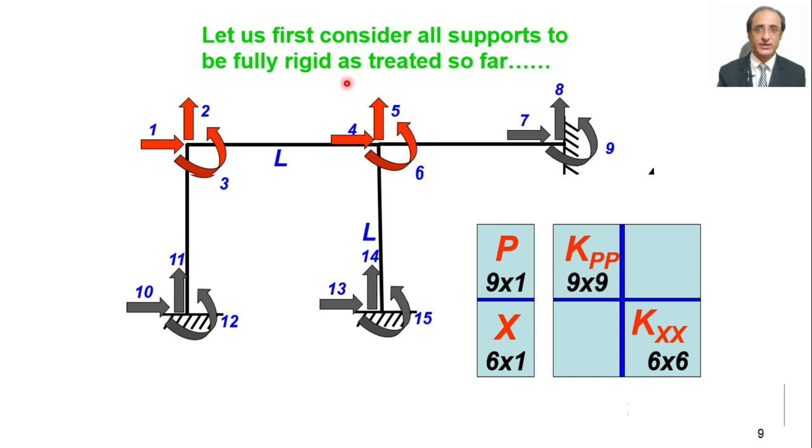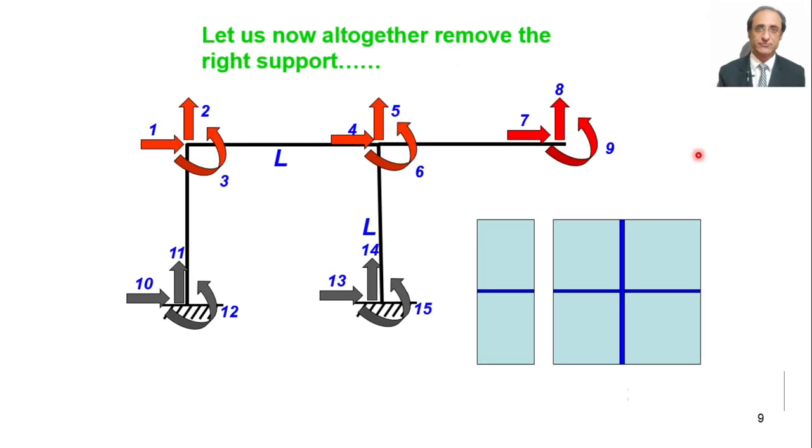Now let's do one more hypothetical situation, suppose this end were totally free. We just remove this restraint, so there is no restraint at all at this particular joint. Think about it. You could have done this very easily: you would have numbered these degrees of freedom in continuity with the unrestrained joints.